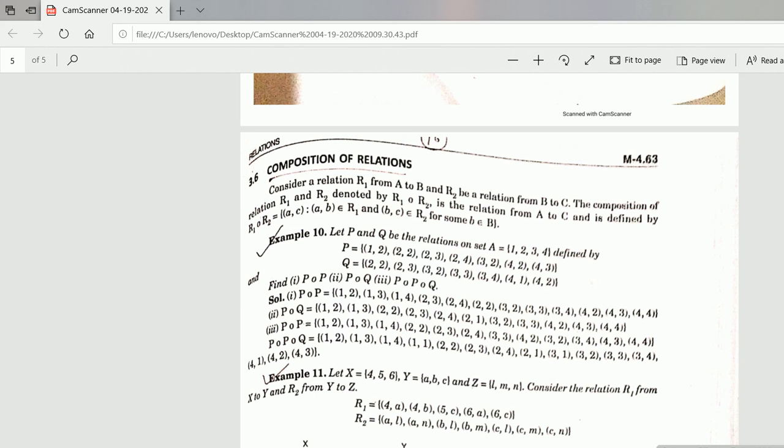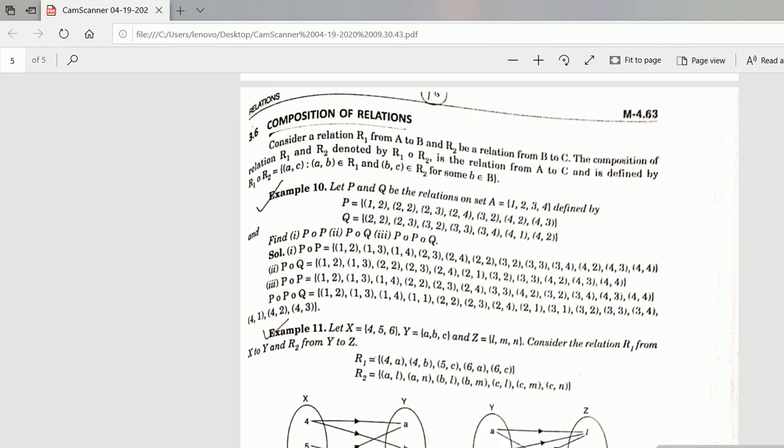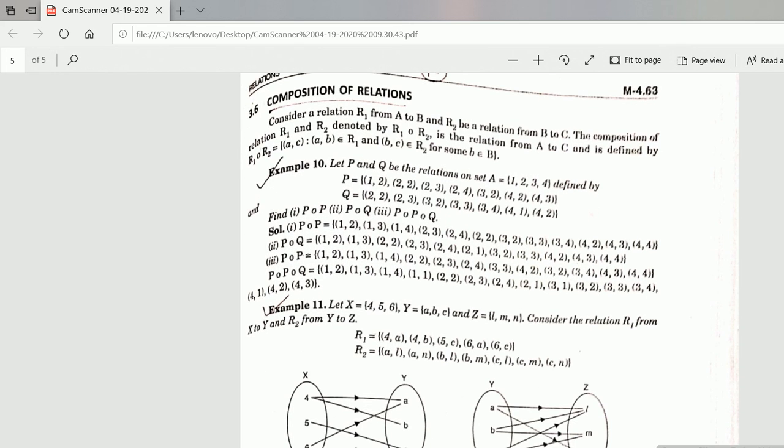It is a relation from A to C, defined as R1 o R2, or you can say R2 composed with R1, and it is given as the set of pairs (a, c) such that (a, b) belongs to R1 and (b, c) belongs to R2 for some b belonging to B. You can see one example over here.